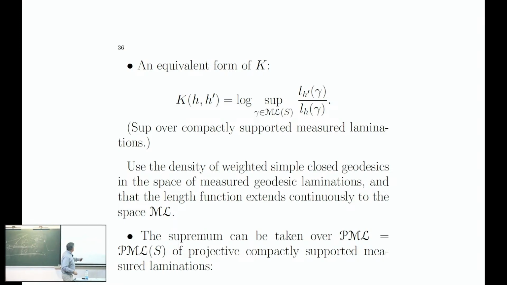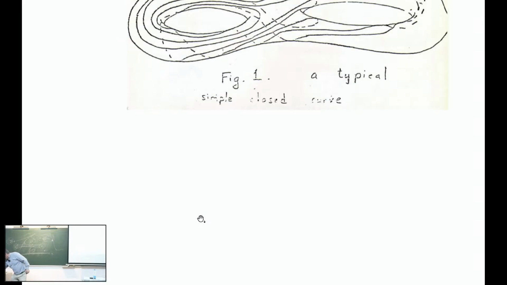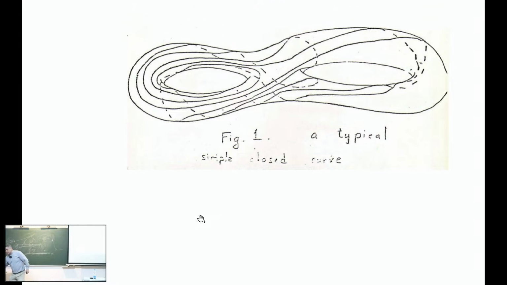Something I didn't say is that the simple closed geodesics, I gave you here a picture from Thurston. This one here, a typical simple closed geodesic which is wandering, and which looks like a geodesic lamination.